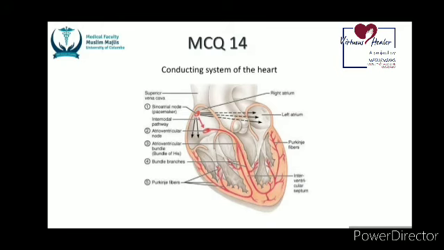Then with a short delay, the atrioventricular node will also send impulses through the bundle of His that runs through the interventricular septum and then divide into right and left bundle branches. And each of these bundle branches is going to divide into a large number of small branches called Purkinje fibers that will innervate the thick walls of the ventricles.